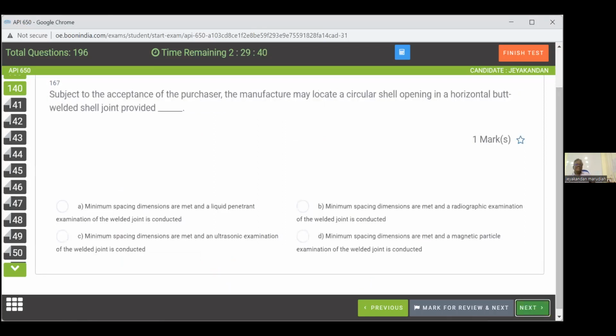Okay. Next. Subject to the acceptance of the purchaser, the manufacturer may locate a opening on a butt weld. I told you in the morning, when you make any opening on the butt weld, we have to take radiography. So where is it given?